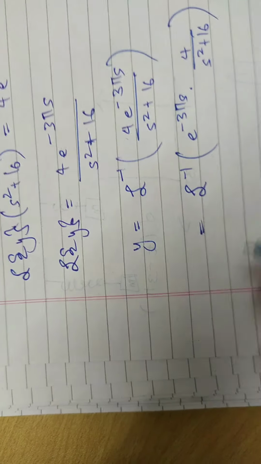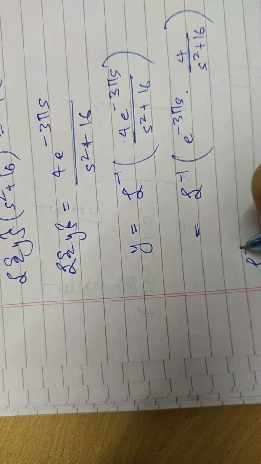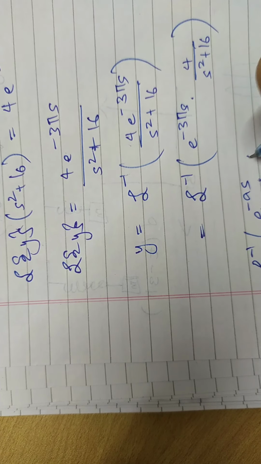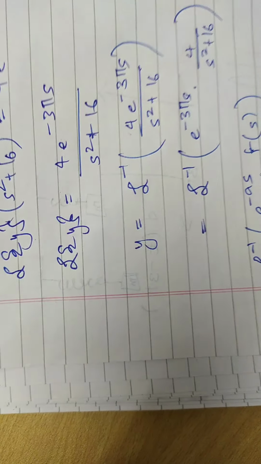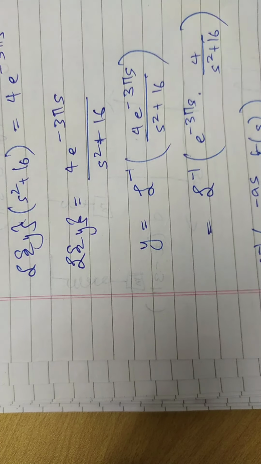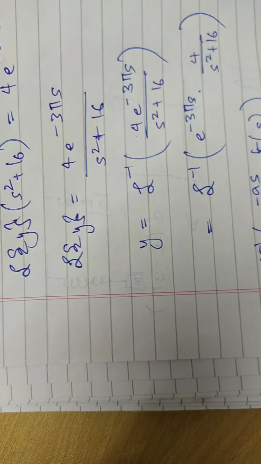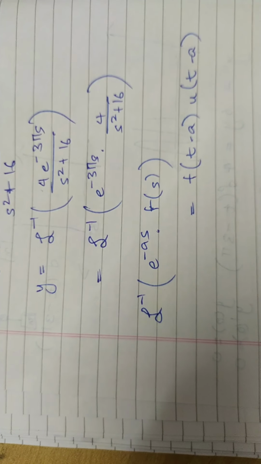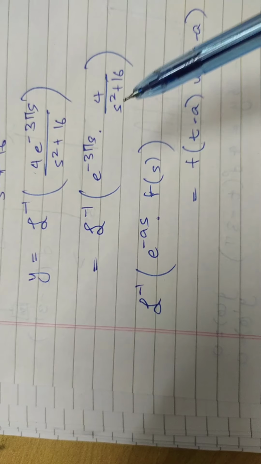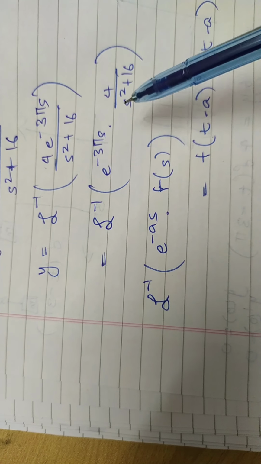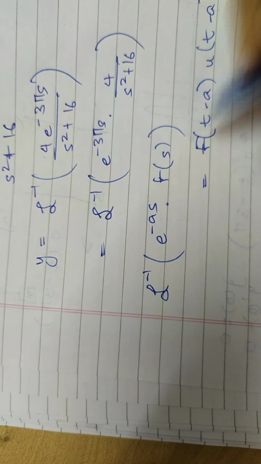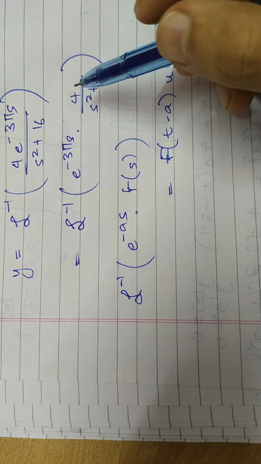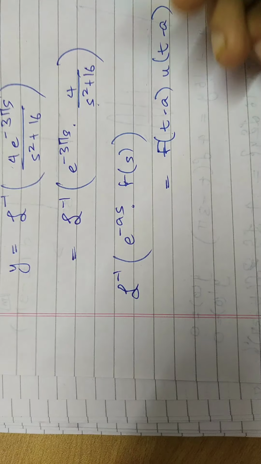Now this is where we recall the identity: Laplace inverse of e power minus a s times F of s is equal to f of t minus a times u of t minus a. In this case a is 3 pi, and f would end up being sine 4t, because the Laplace transform of a by s squared plus a squared is sine of at.